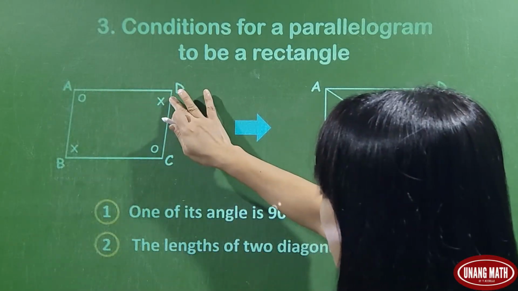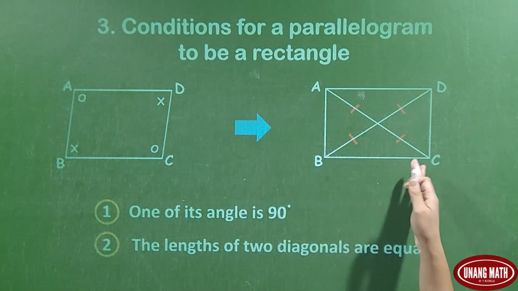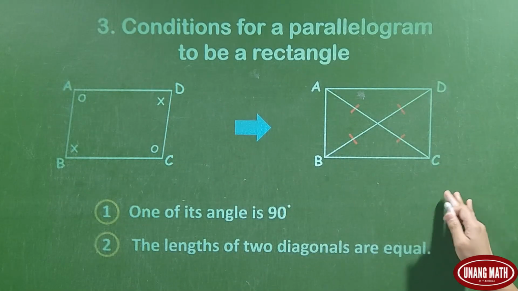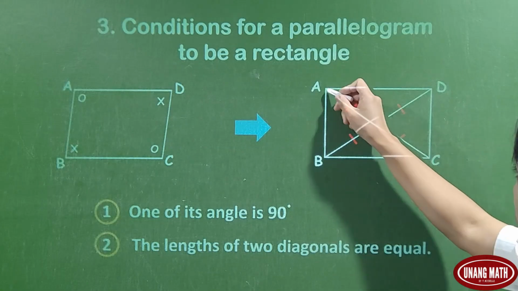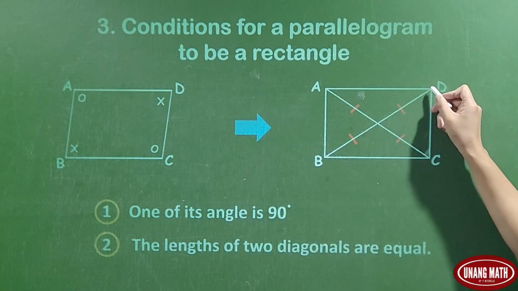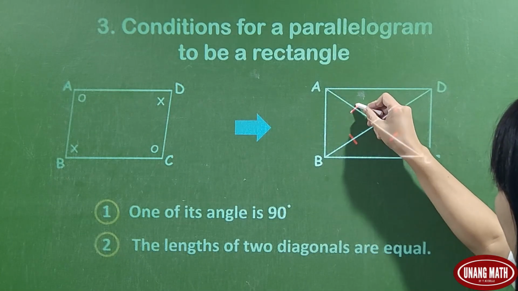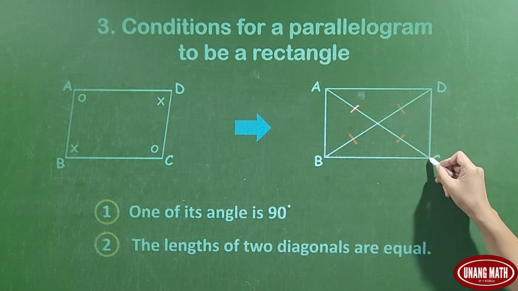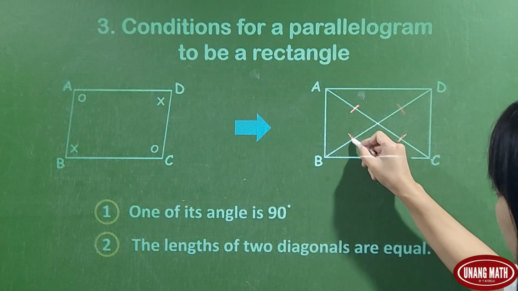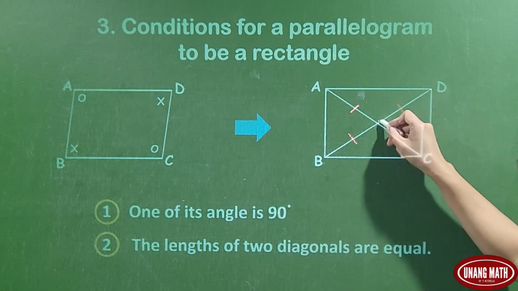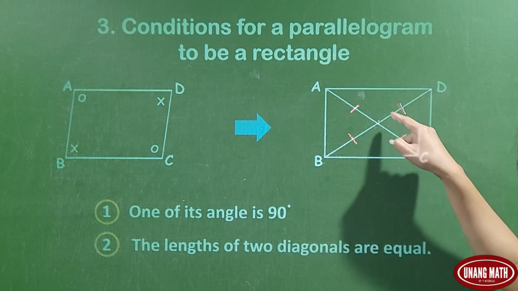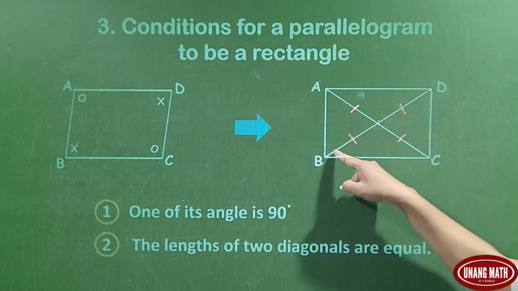This is opposite to this one, so equal in measure. And this is a rectangle. When we draw these two diagonals, from here to this point is equal in length to from here to this point. Also equal from here to this point, and equal also from here to this point.